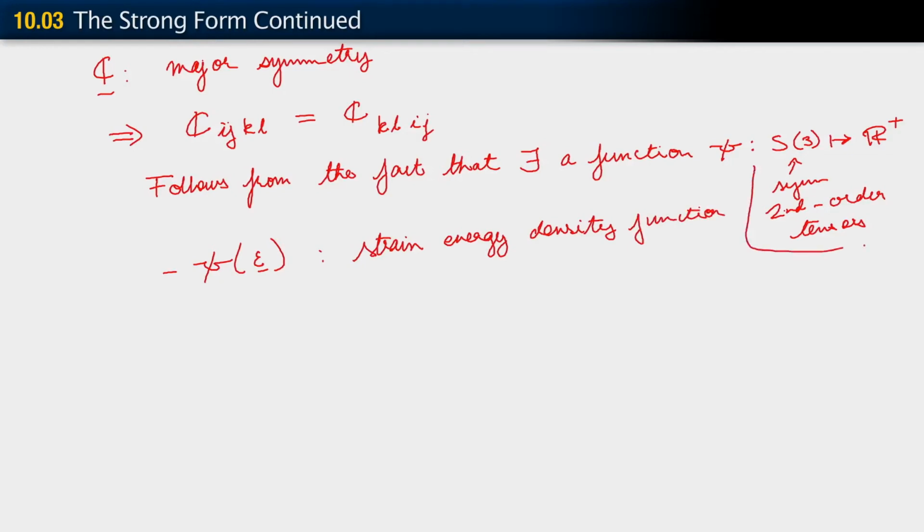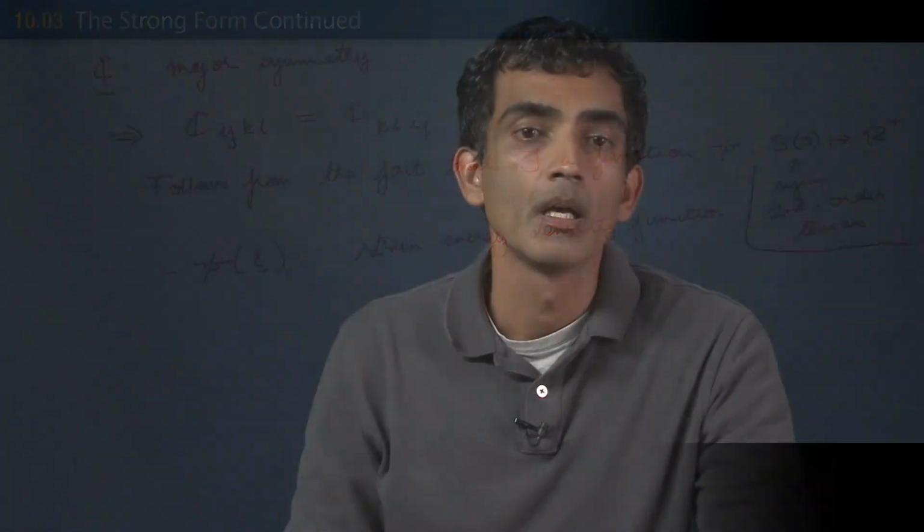We saw an explicit form of it when we developed our variational methods for linear elasticity in 1D. We considered a quadratic form there. We'll get into the particular form for psi in a little bit, but for now all we need to know is that this exists.